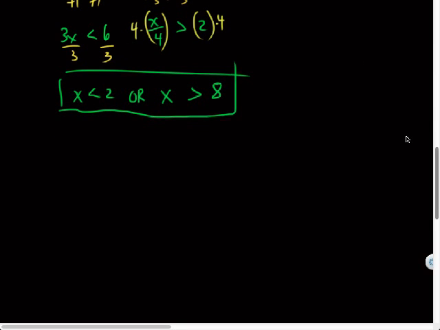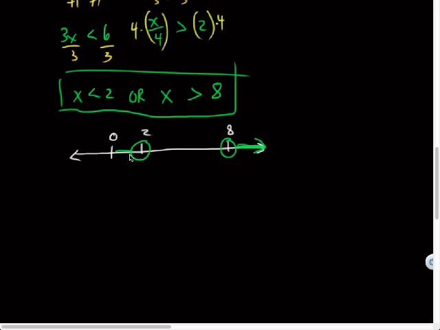So if I wanted to graph this, 0 would be like here, this would be like 2, 8 would probably be around here. So I'm going to have x is less than 2 as an open circle at 2 shaded to the left, and x is greater than 8 would be an open circle shaded to the right.